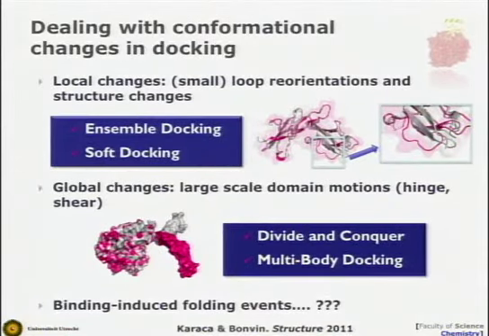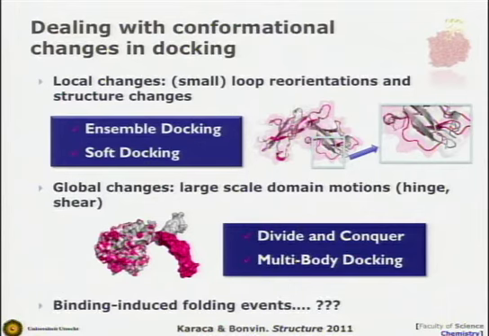So now what about conformational changes? We can dock more than 2 molecules, and we can actually use the same concept now to cut a molecule in pieces if we expect conformational changes, and then dock the components of the molecule. So we have again a multi-body problem, but just to deal with large conformational changes. The types of conformational changes that you can expect when molecules bind to each other are local changes.